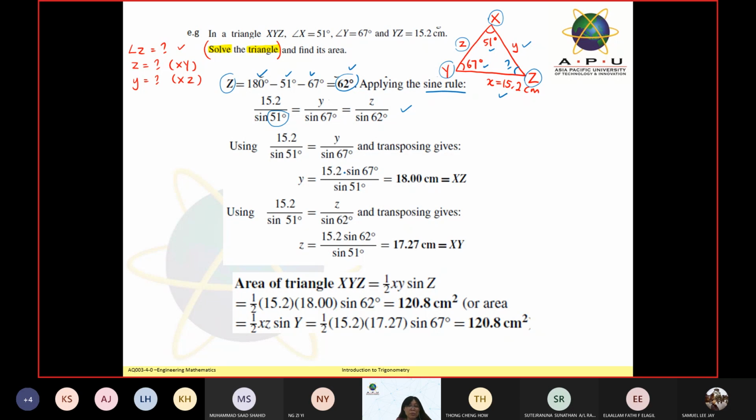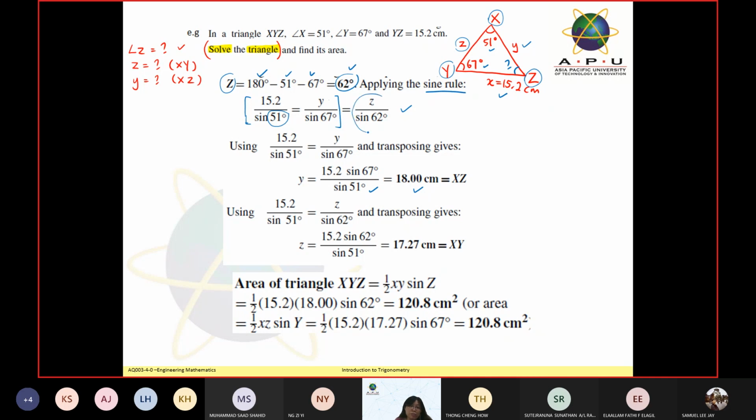From here we will solve for y and z. We start with y. 15.2 over sine 51 equals y over sine 67. So y equals sine 67 times 15.2 over sine 51, and we get the answer of 18.0, which is the length of XZ.